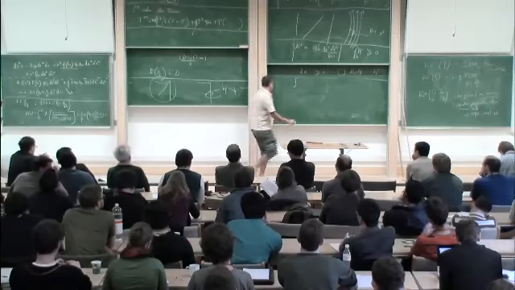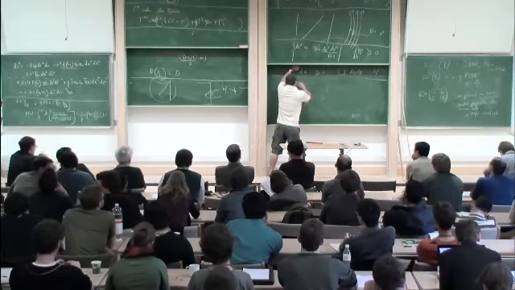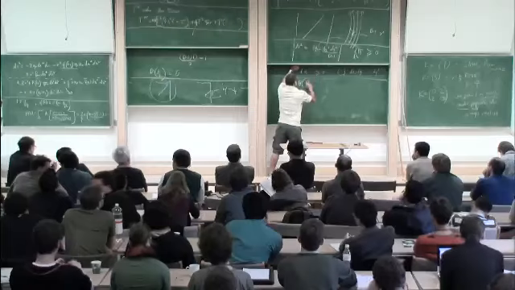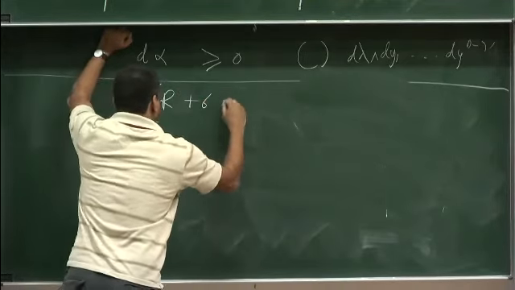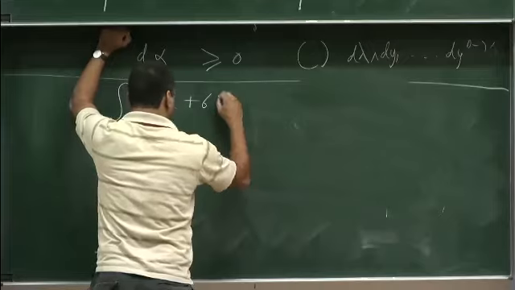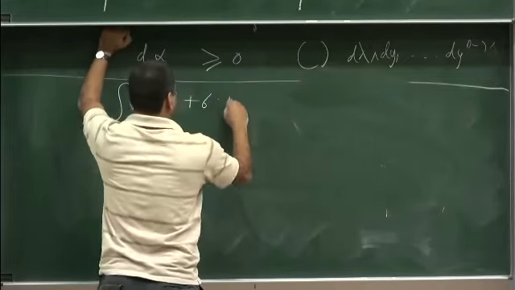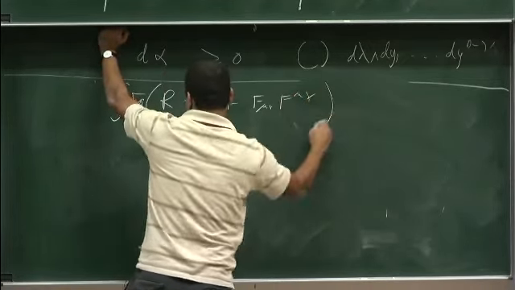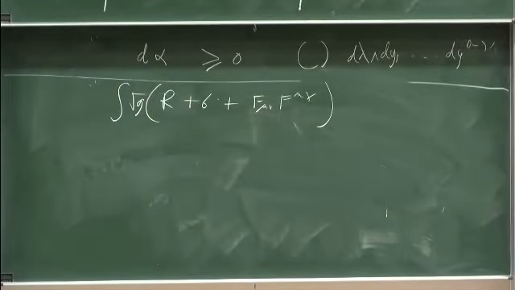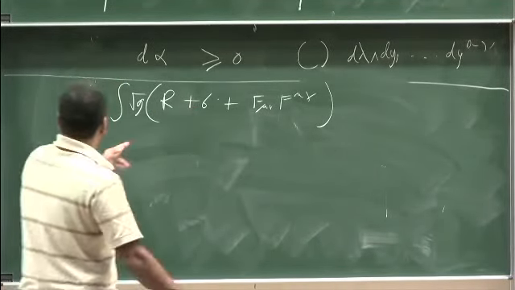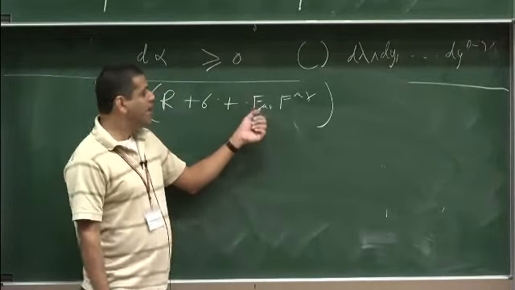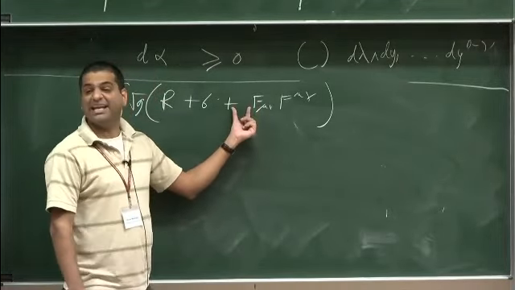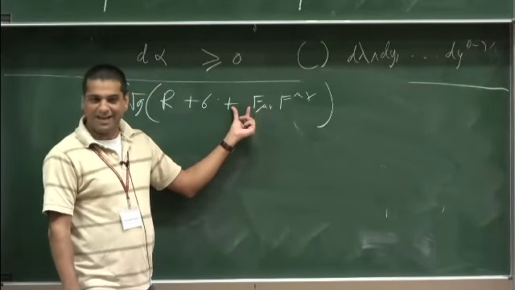Now, you might think that the most natural Lagrangian to write down is R plus 6, times the square root of G, plus F_{μν} squared. This is a natural Lagrangian, but it is not unique. There are many ways in which it's not unique. For instance, you could put a function of a scalar in front of F_{μν}.